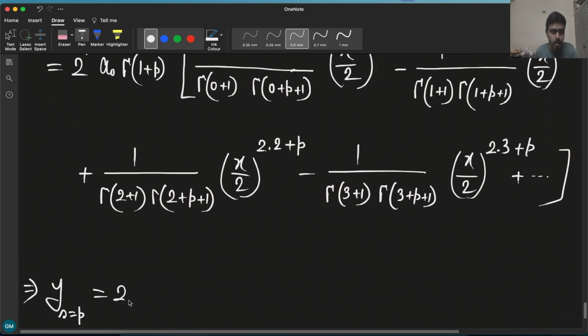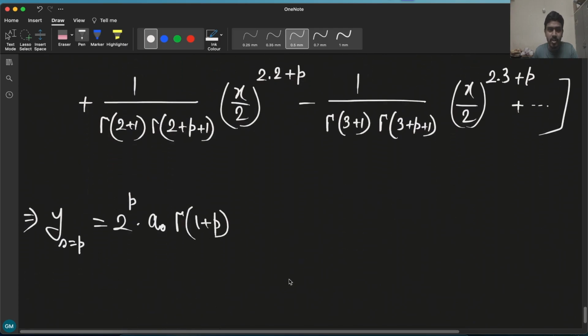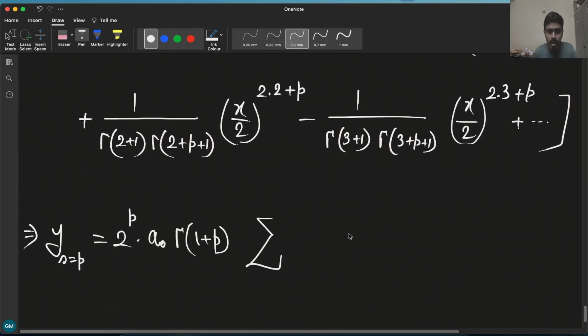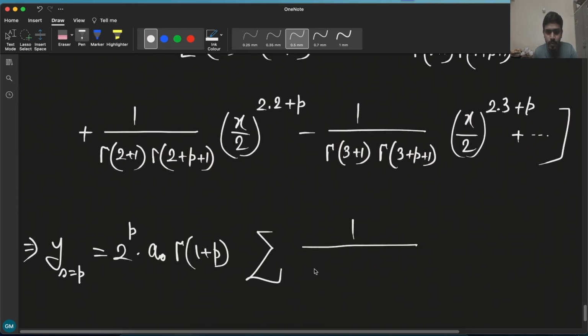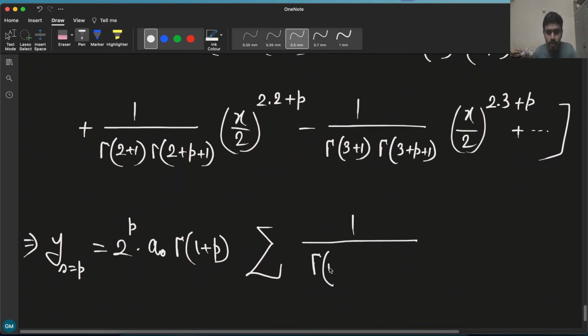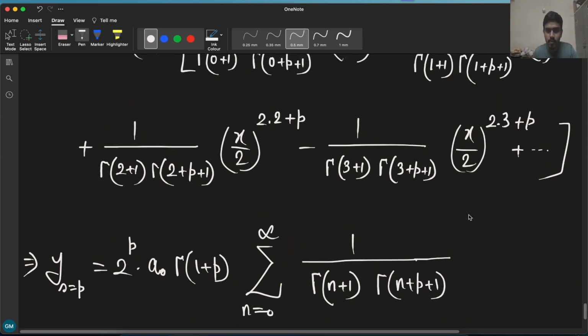It will be 2 to the power p times a0 times gamma of 1 plus p, and all these terms I can write as 1 by gamma of n plus 1 times gamma of n plus p plus 1, where n is going from 0 to infinity, x by 2 whole to the power 2n plus p.